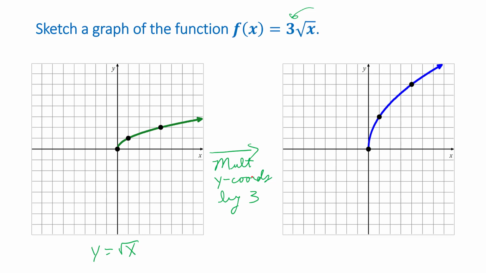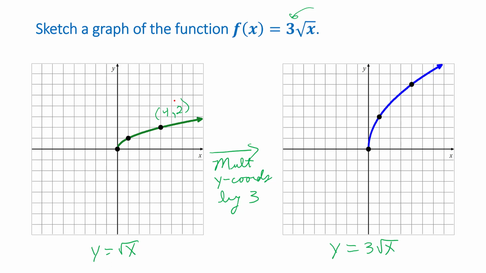And you can see this is not a rigid graph. The shape of our transformed graph is quite different than the original graph. This is y equals 3 square root x. Let's just look at a couple of points on here. We started with the point 4, 2. We left the x coordinate as it was.